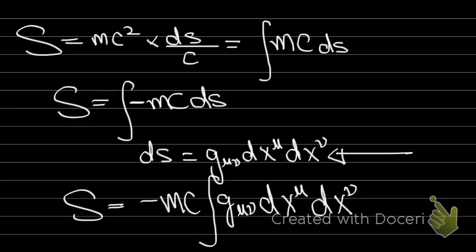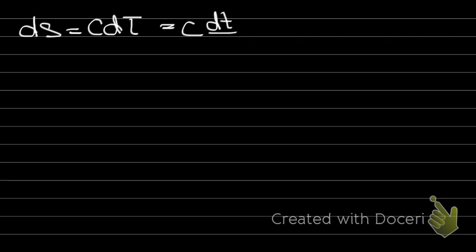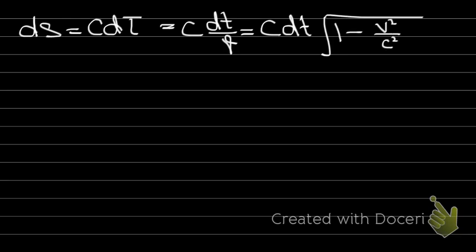Okay, so we wrote that ds, the space-time separation, is c d tau, where d tau is the proper time, and I can substitute for d tau as dt over gamma. So this is equal to c dt times the square root of 1 minus v squared over c squared, which is this 1 over gamma.